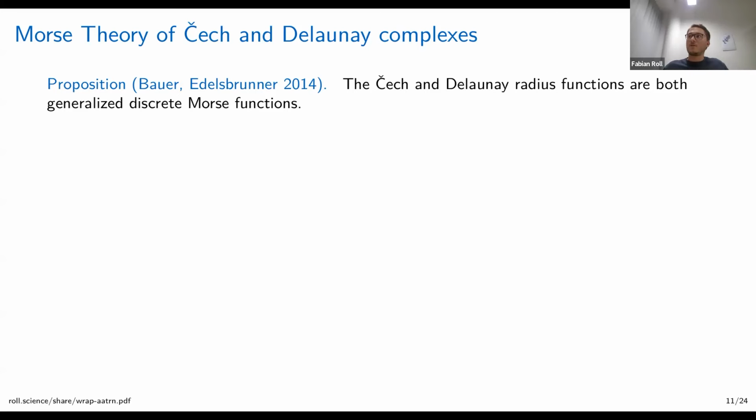Or if you like a more combinatorial interpretation, you could also say that the Čech radius function is the function that assigns to a simplex the radius of its smallest enclosing ball, and the Delaunay radius function assigns to a simplex the radius of its smallest empty circumsphere. And both of these functions are generalized discrete Morse functions.